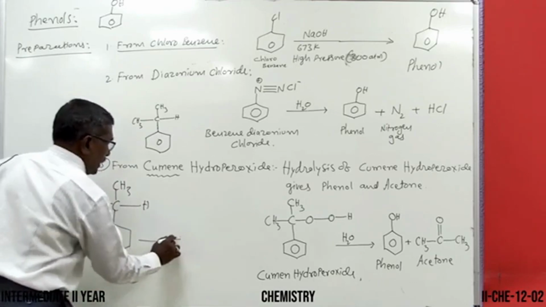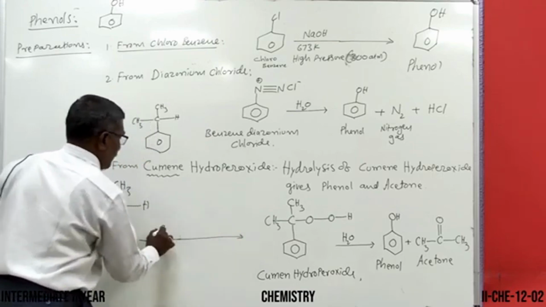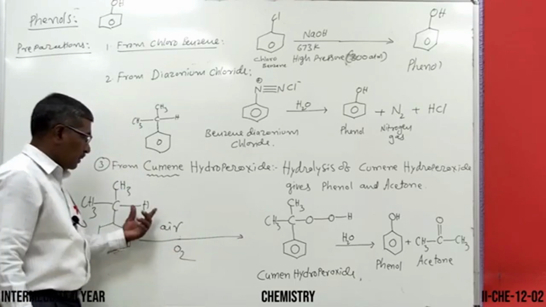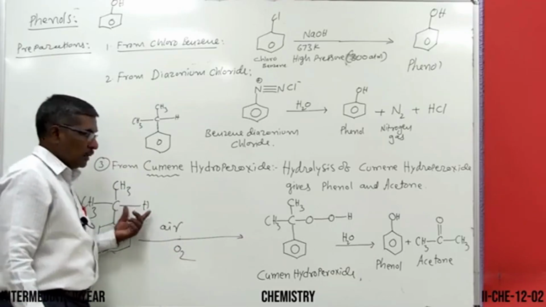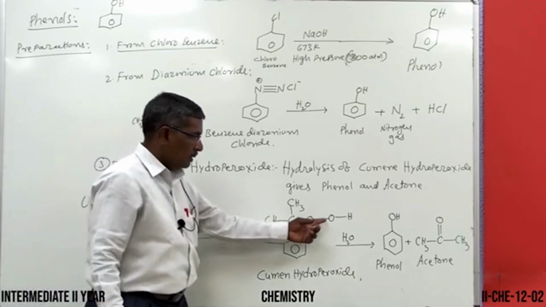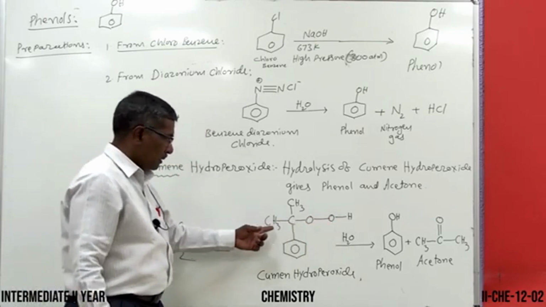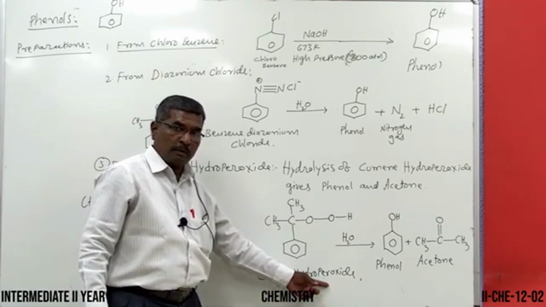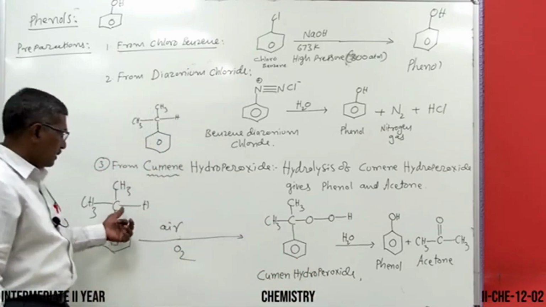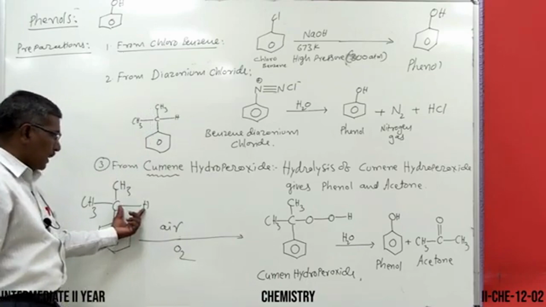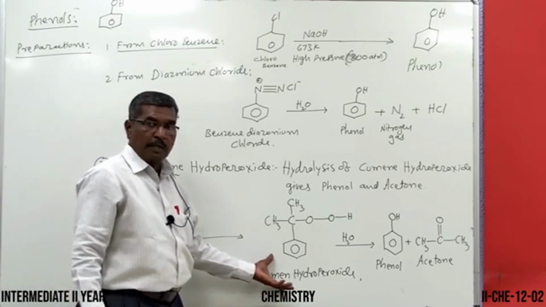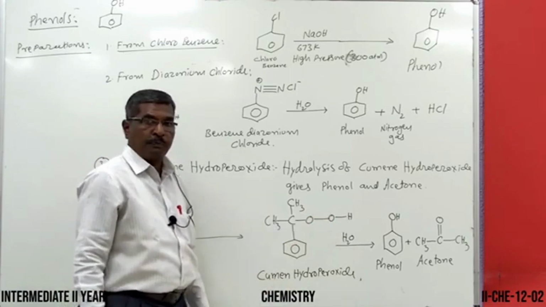When it is exposed to air, the oxygen atoms are inserted between the carbon and hydrogen. So when cumene is exposed to air, this oxygen comes between the carbon and hydrogen and forms cumene hydroperoxide. This is the main reactant for the production of phenol.